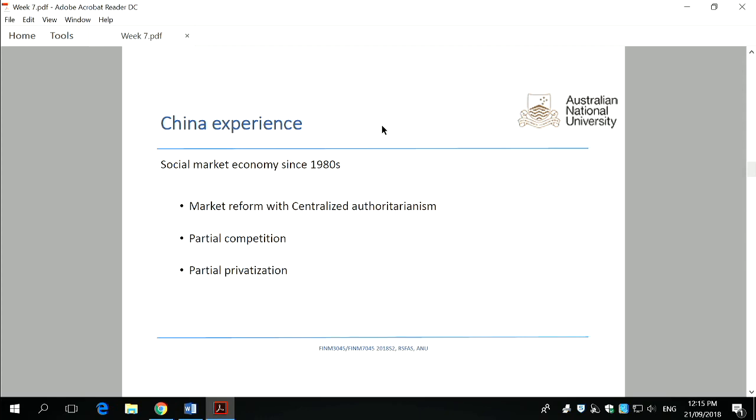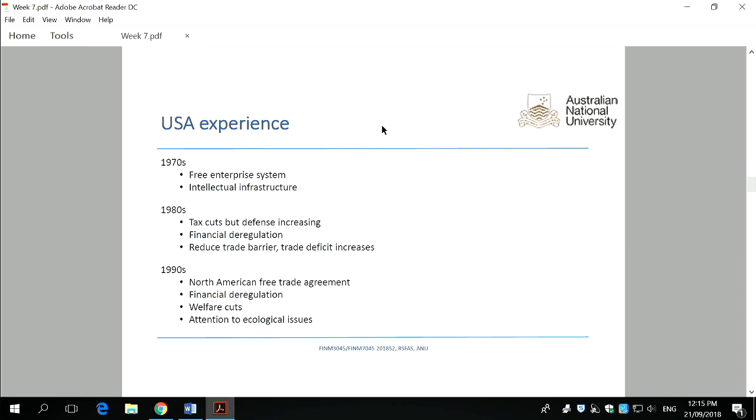Most of the privatization done in China is by selling some of the shares on the market, while the state still controls maybe 30%, 40%, 50% of the firm. So they let private capital come in but at the same time maintain government control. Looking at all the countries' growth, China's results are quite impressive.